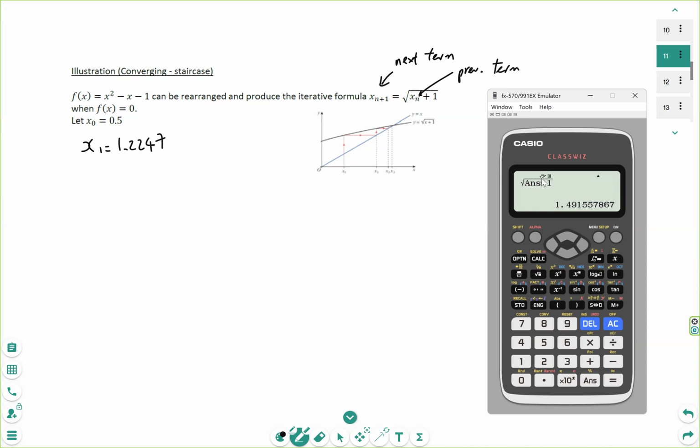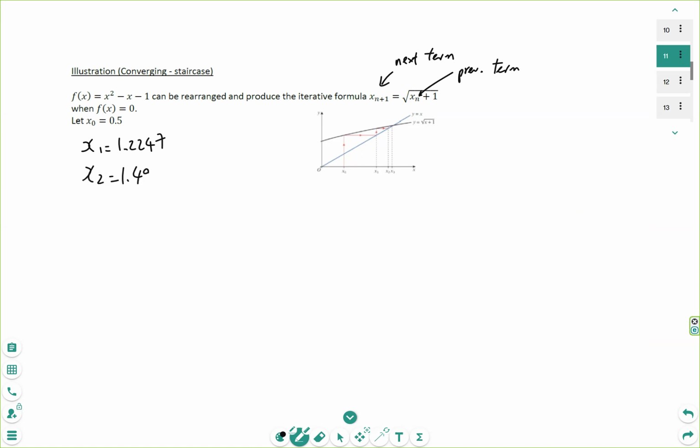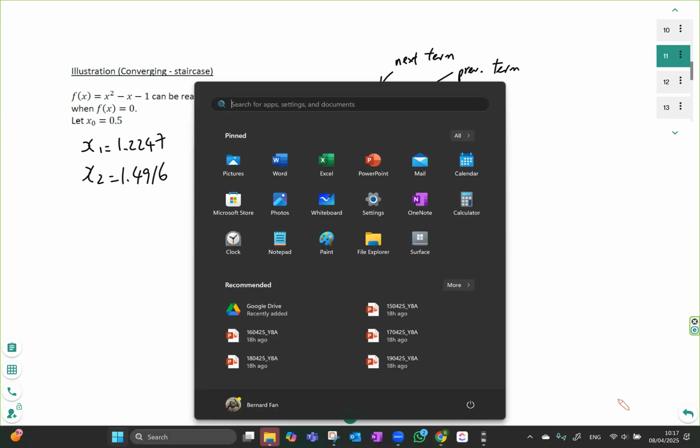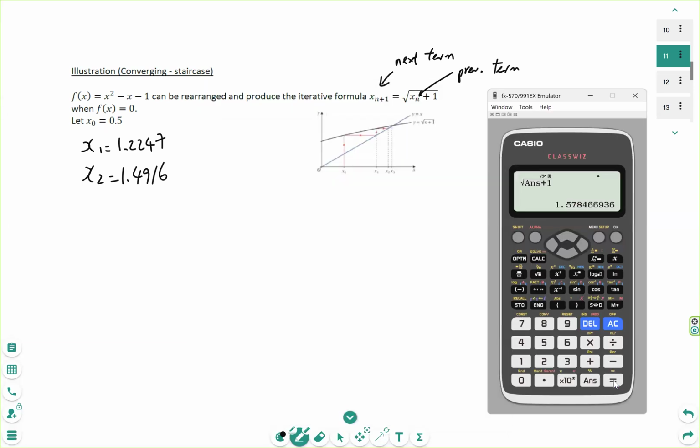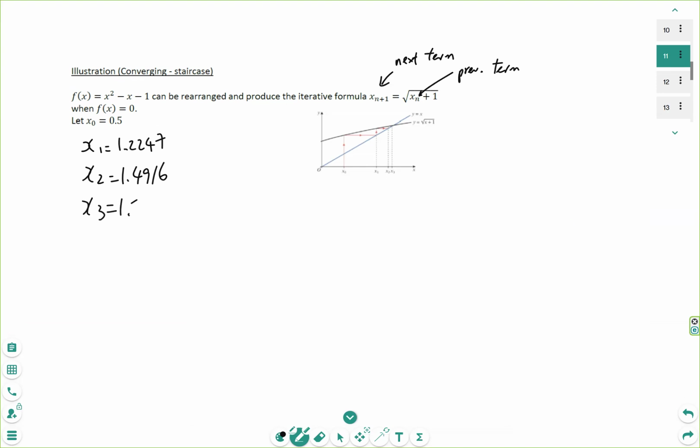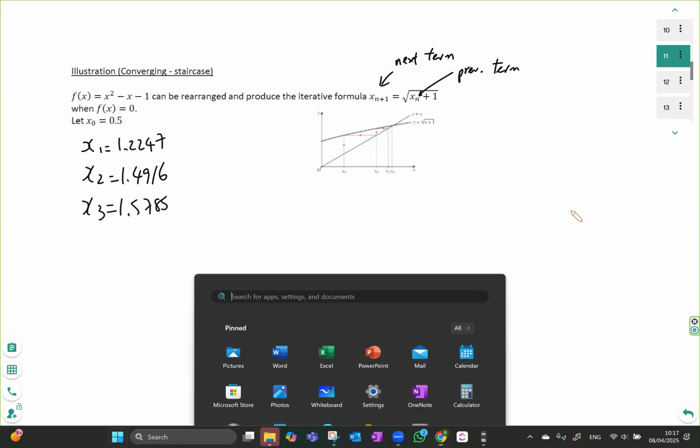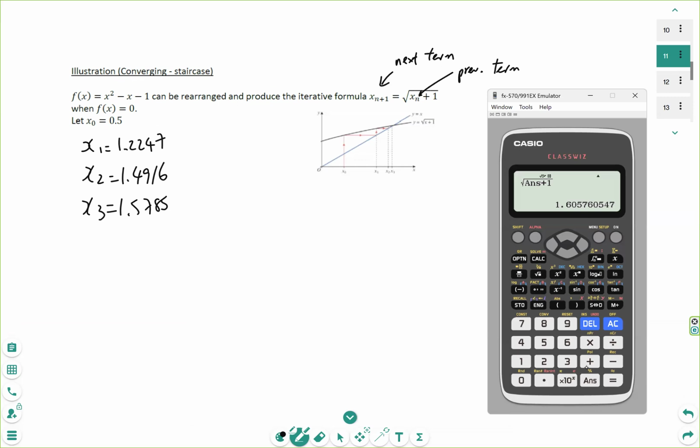One, it's time consuming, and two, if you don't put enough decimal places in, it's not accurate enough. So it's 1.4916. We'll do a few of them, until x4: 1.5785, and then the last one, 1.6058.